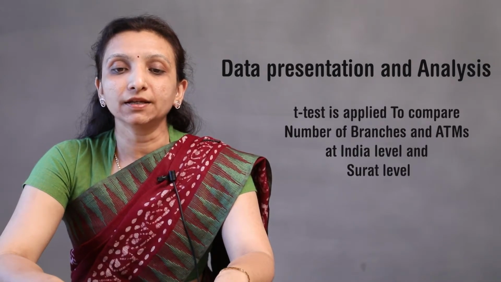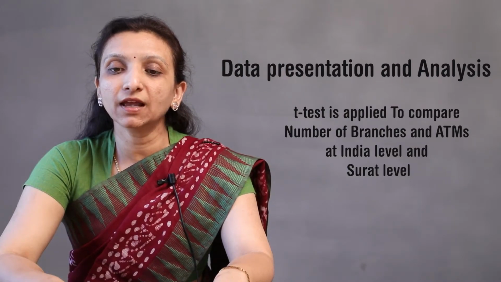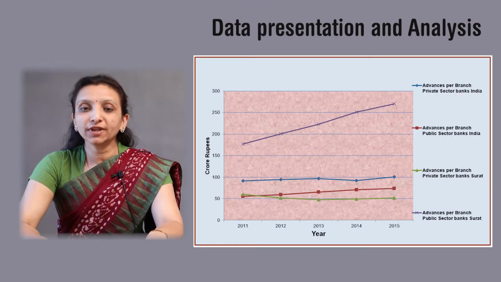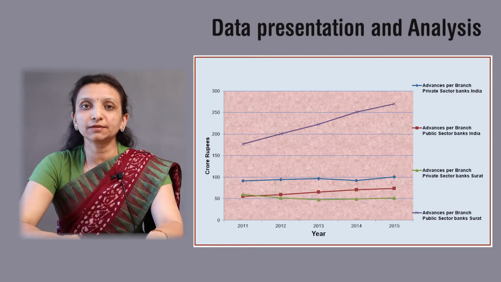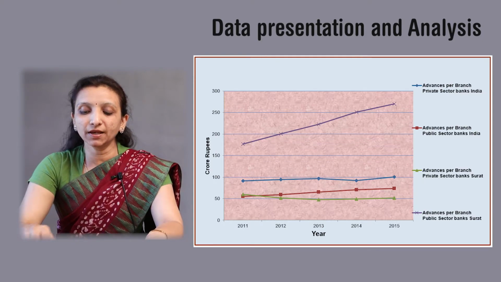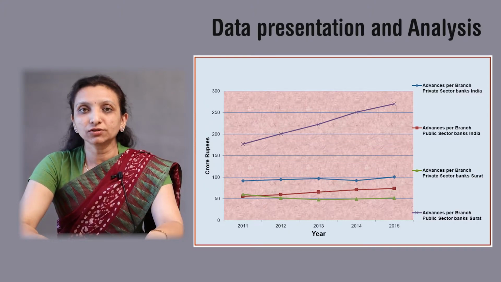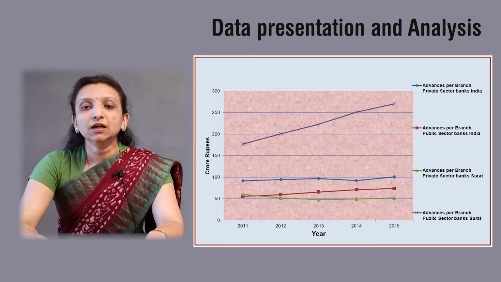T-test is applied to compare the number of branches and ATMs at India level and Surat level. In this research work, we have used different types of graphs and charts so that even a layman is able to understand what the research actually wants to depict.